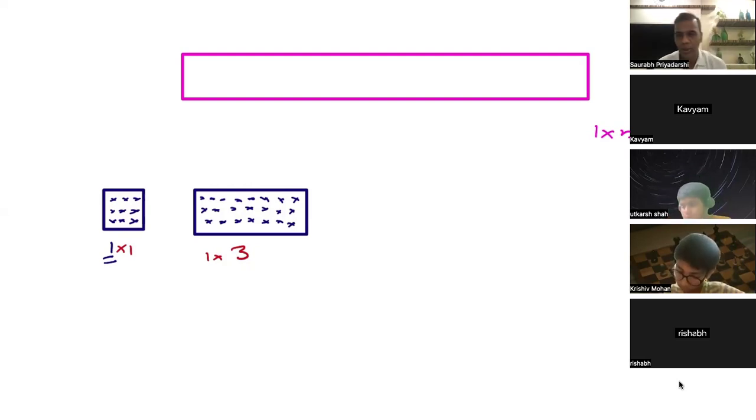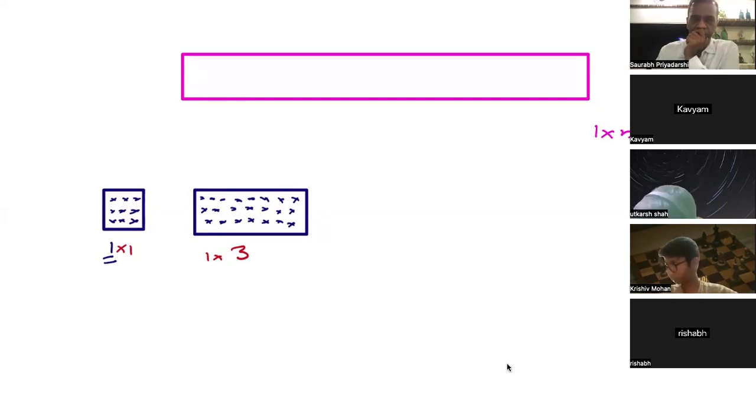A simple question for concept clarifying, like this is a very, very important question. So if we are able to create something in this now, it means we are on the right track. Very good, Kavyam.